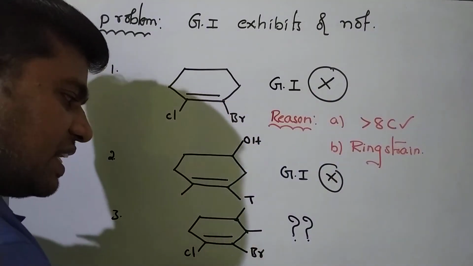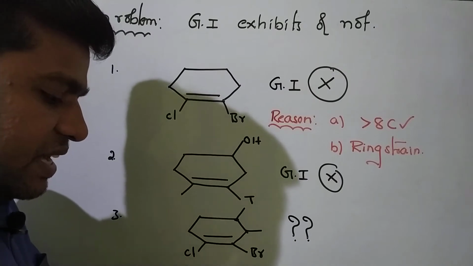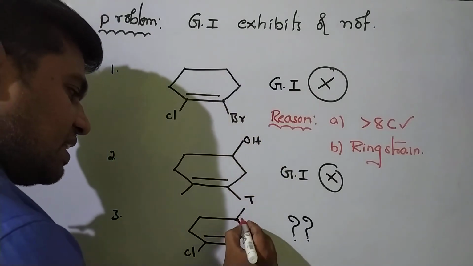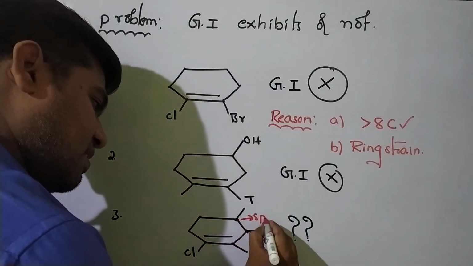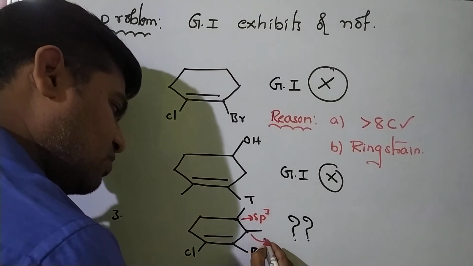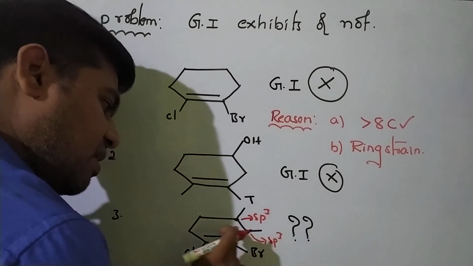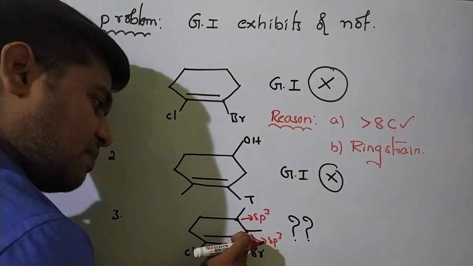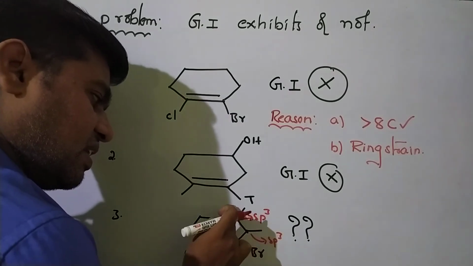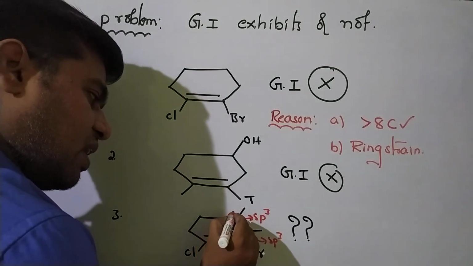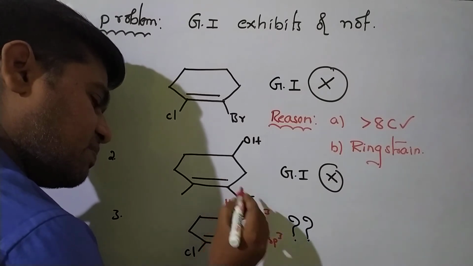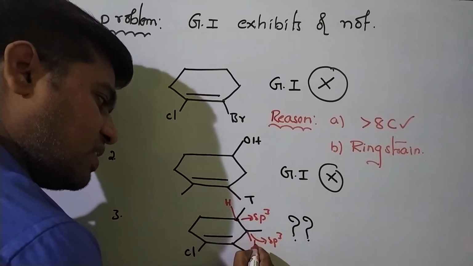here see, two sp3 carbons are there. This is one sp3 carbon and this is also one sp3 carbon atom. Means at these two sp3 carbon atoms, there are different groups. Here hydrogen is there, here also hydrogen is present.